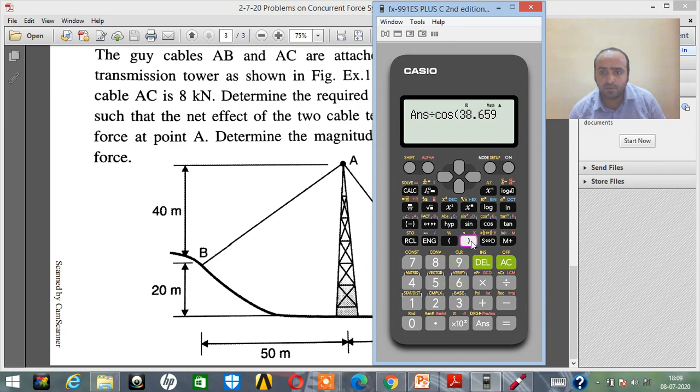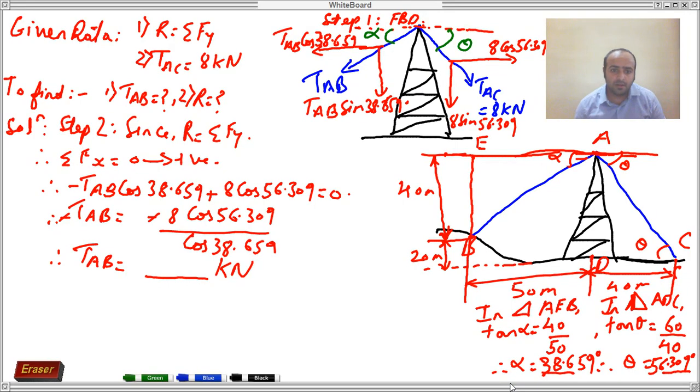As you can see, 5.682 kilonewton is the value. So I'll write 5.682 kilonewton. Therefore TAB is done.